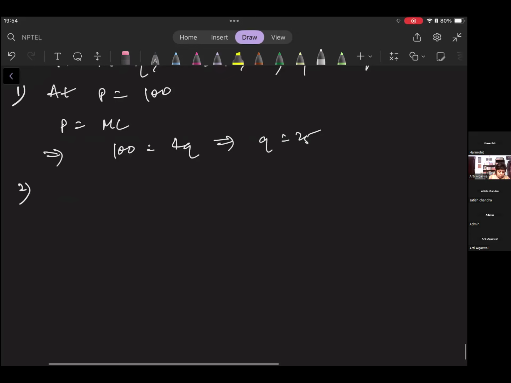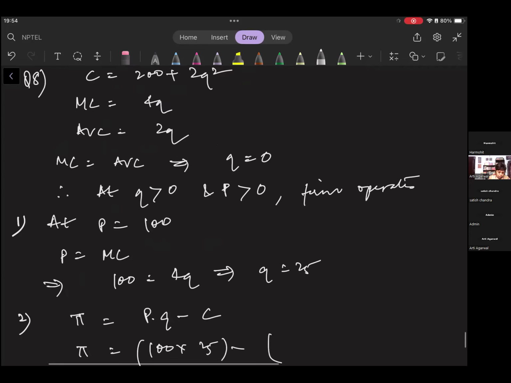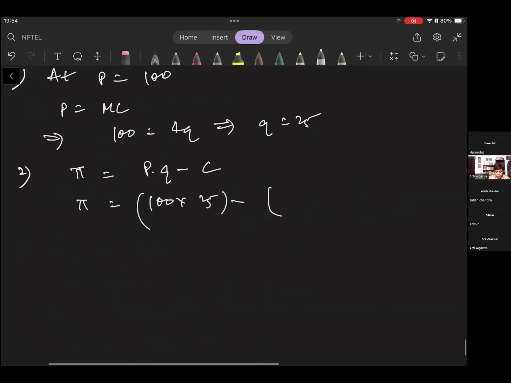What is the profit level? Profit is equal to P into Q minus cost. 100 into 25 minus cost, which is 200 plus 2Q squared. What is this value?